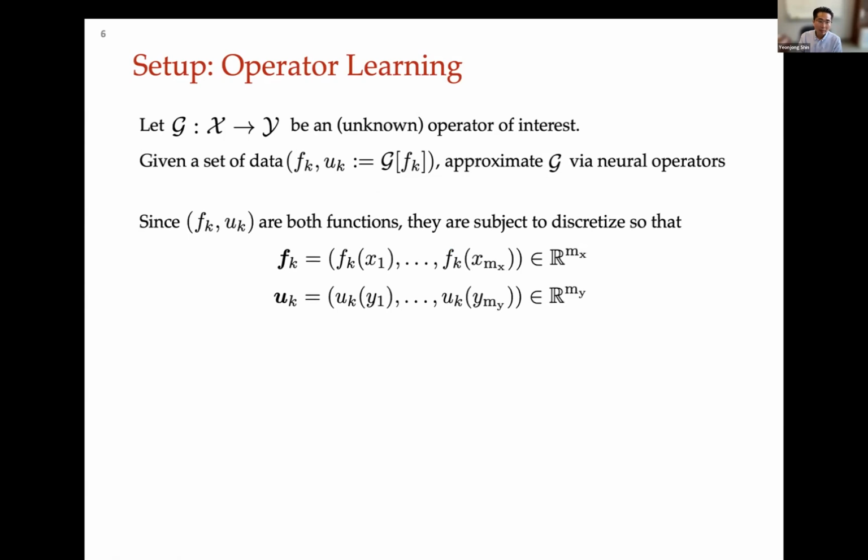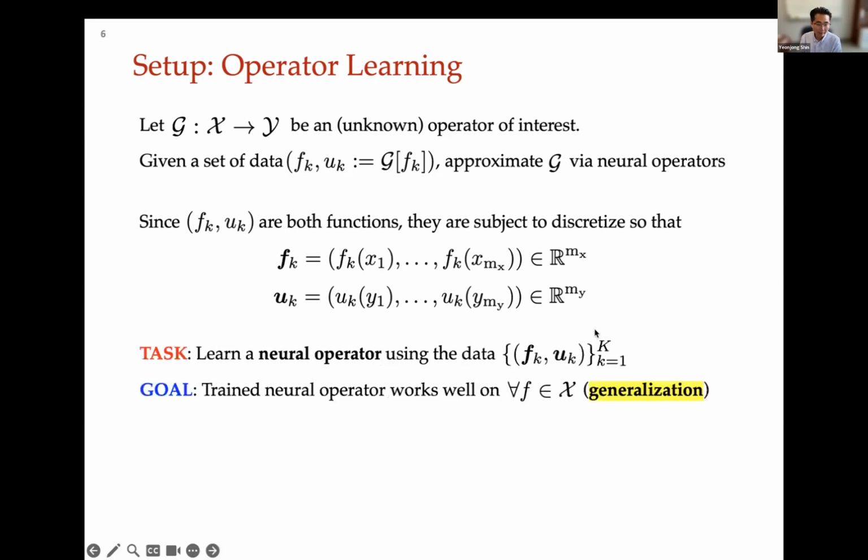But we cannot really plug function information into the computer, so we tend to discretize them in the following way. The input function f is discretized into an m_x dimensional finite dimensional space. And u_k is often solved by a traditional FEM solver on certain grid points, so that we have a certain amount of information corresponding to u_k.